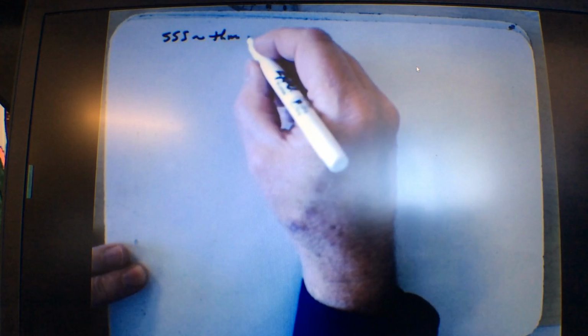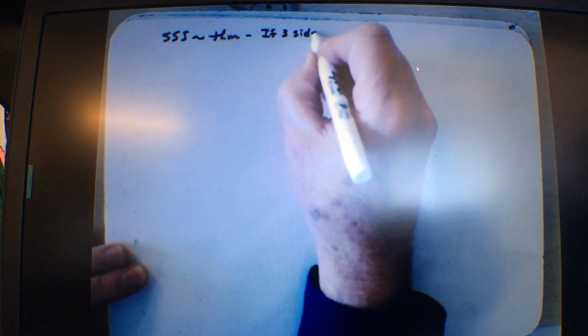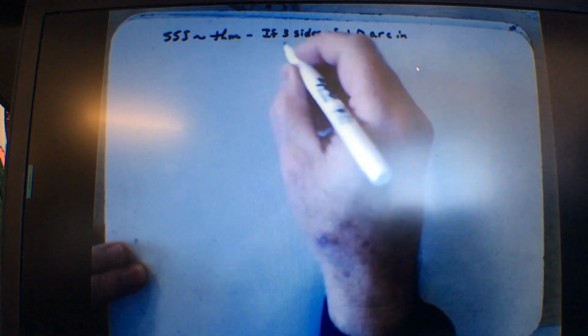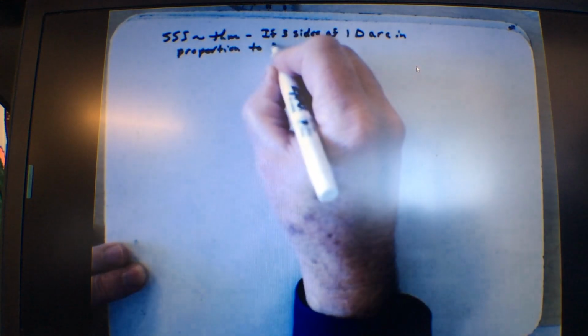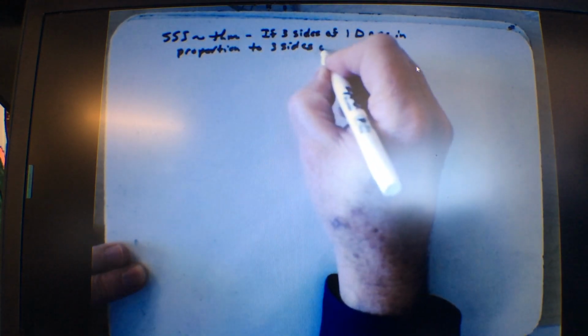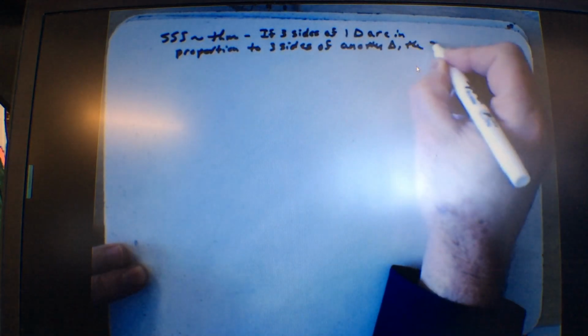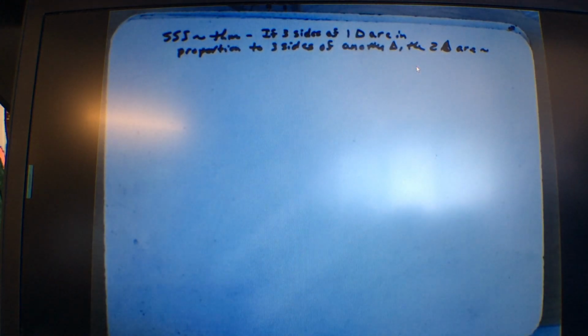So the SSS similarity theorem says if three sides of one triangle are in proportion to three sides of another triangle, the two triangles are similar. The book says it: if the corresponding side lengths of two triangles are proportional, then the triangles are similar.